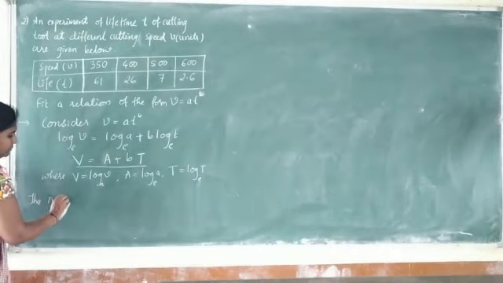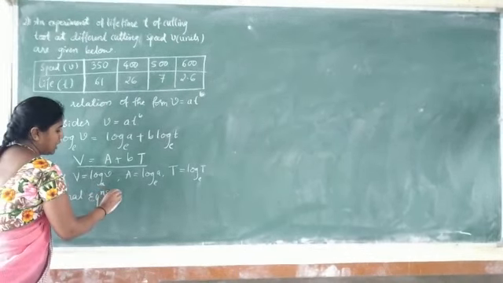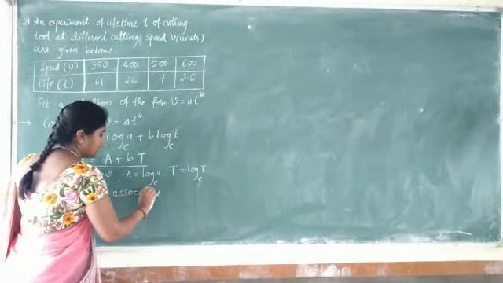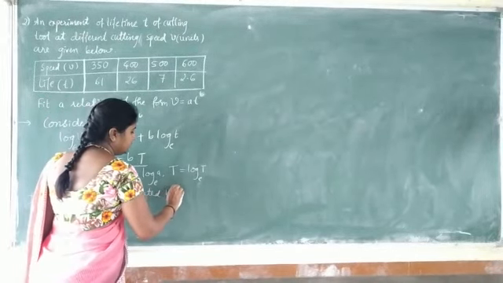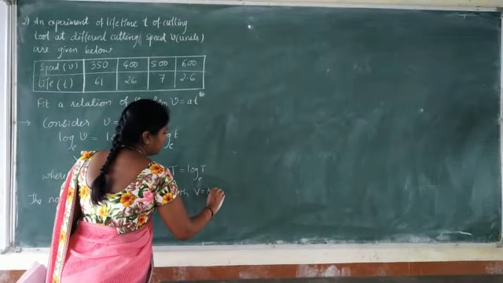Let us see the normal equations associated with V equals A plus bT.